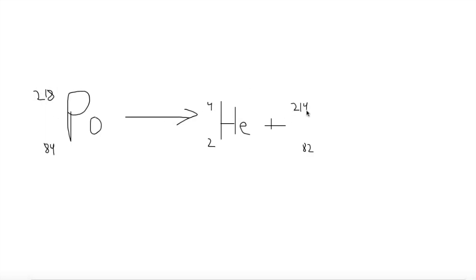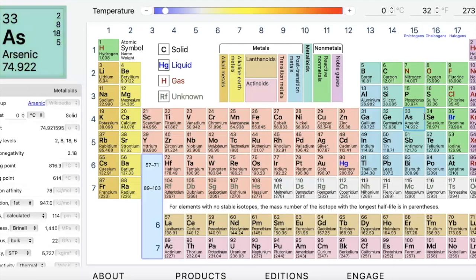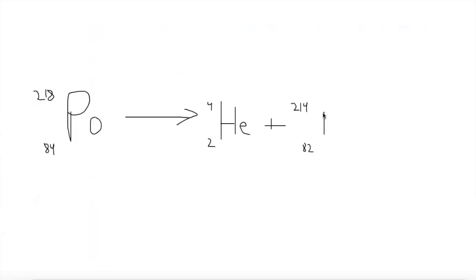And then the element that corresponds to atomic number 82 would be lead. So write Pb over here. And that's really it. It's not too complicated. The most important thing is to conserve mass number and atomic number. And that's what we've done here.